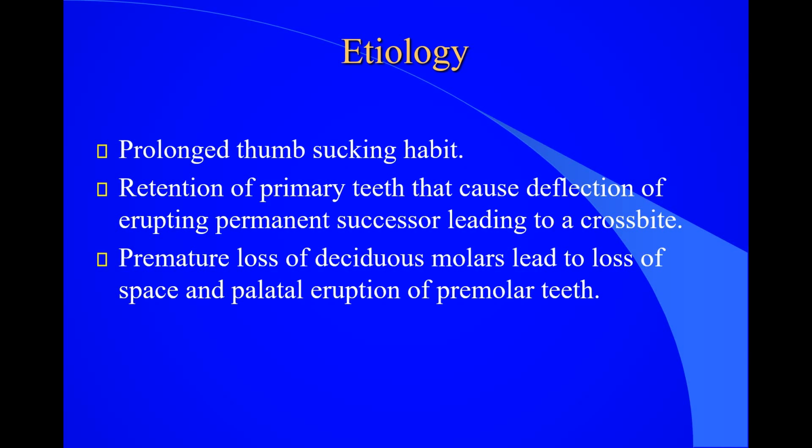For instance, among the external factors, they can be a prolonged thumb sucking habit. Retention of primary teeth also can cause deflection of the erupting permanent successor, leading to a crossbite. Premature loss of primary molars also leads to loss of space and palatal eruption of premolar teeth.